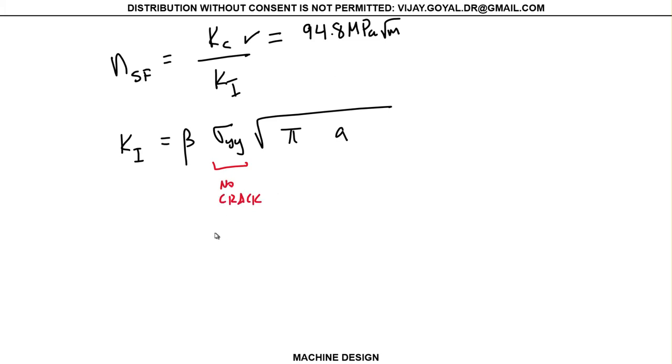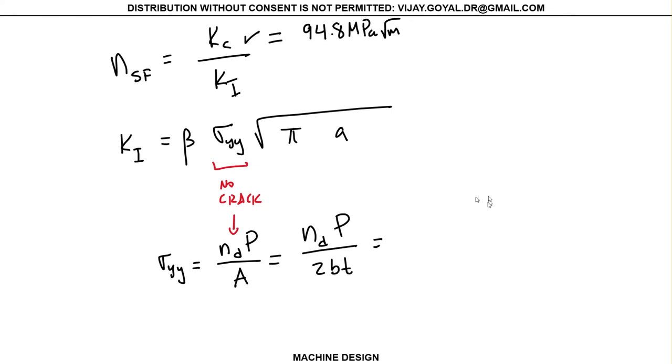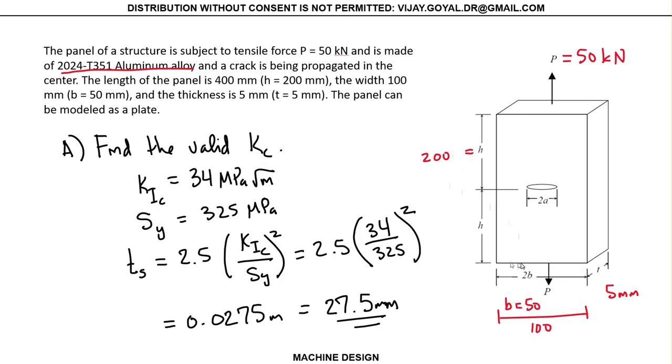Okay, so in other words, sigma YY is equal to design factor times P divided by area, which is design factor times P divided by 2 times B times T. Again, if I come back here, I'm looking for the value where there is no crack.